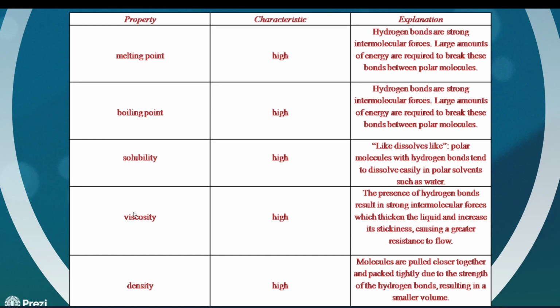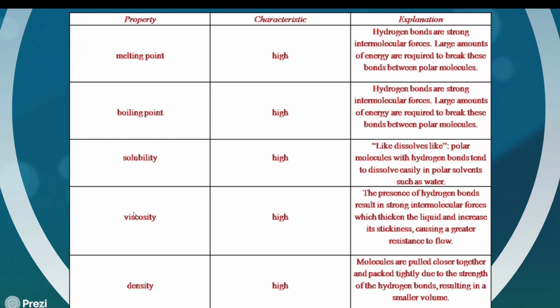Viscosity. This is talking about how easily this thing is going to flow or move, or the thickness of a liquid, okay? And in general, the more polarity that is involved with a liquid, the more resistance to flow it's going to have, because it's going to have strong intermolecular forces.